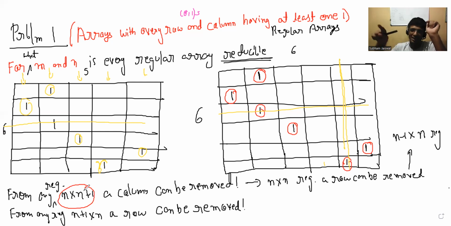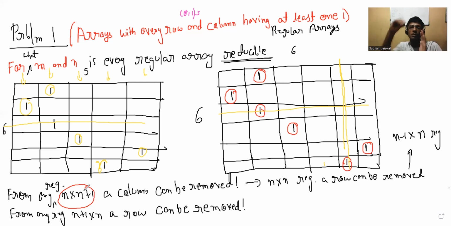Because first I can remove a column, since there is an extra column, that reasoning we have seen. Then you have a square, and you can remove a row, just like I removed a column from a square. So overall, you can remove a column and a row, even from this kind of matrix.